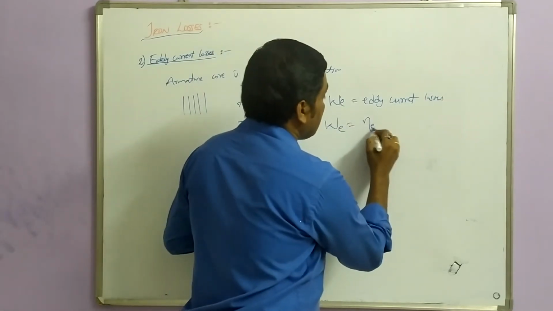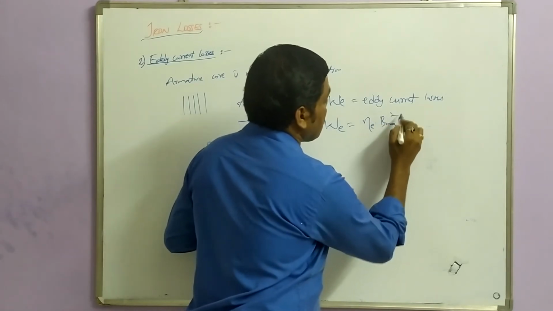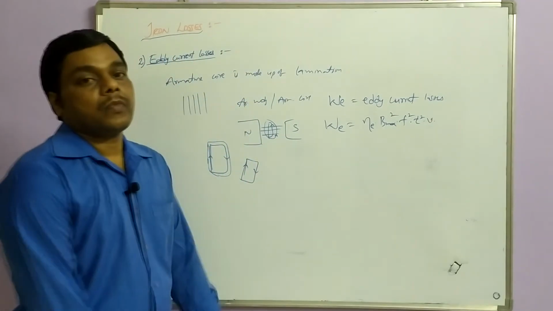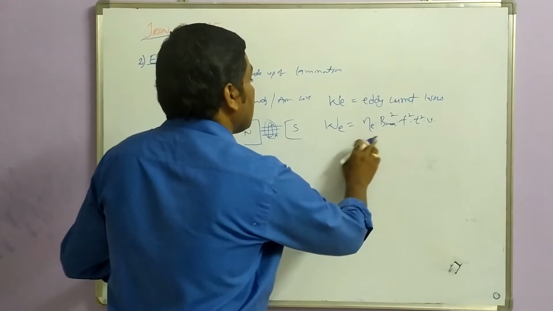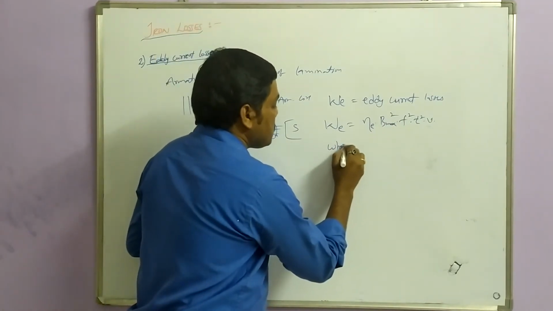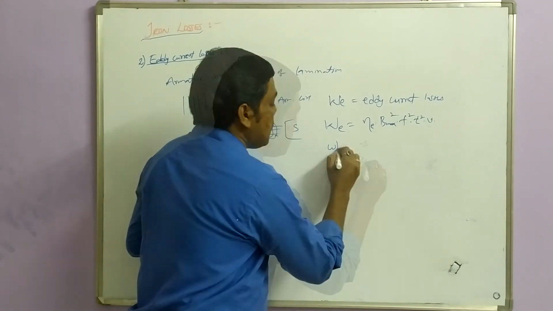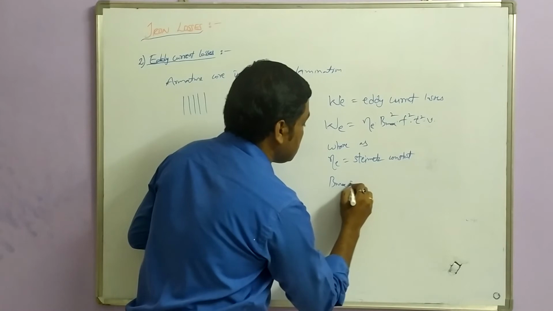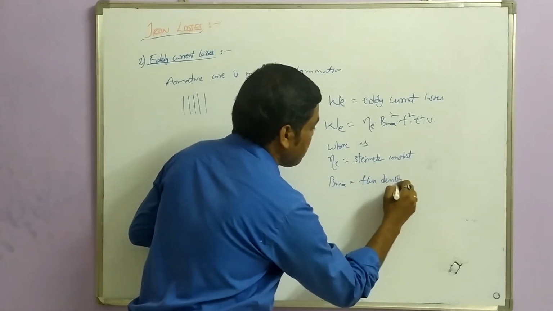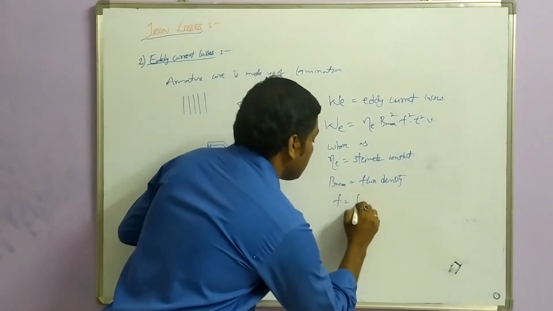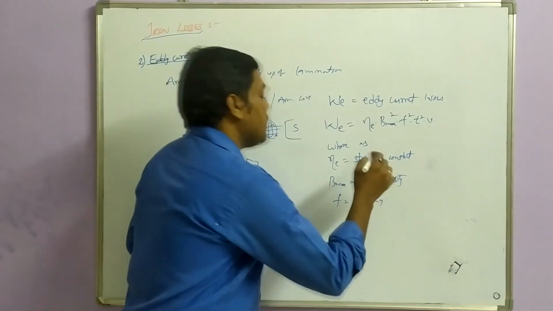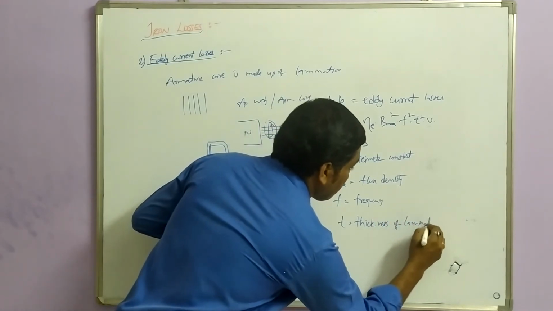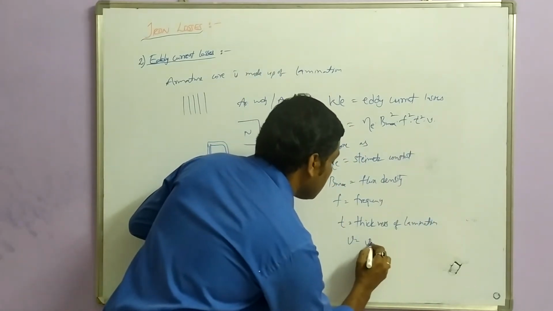WE is given by eta E into B max square into F square into T square into V. Now this is the formula for eddy current losses, where eta E is the Steinmetz constant, B max is the flux density, F is the frequency, T is the thickness of lamination, and V is again the volume.